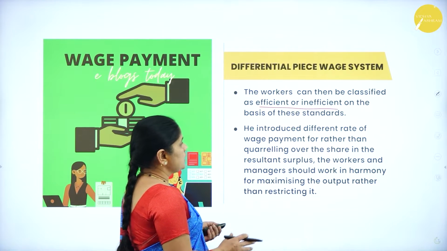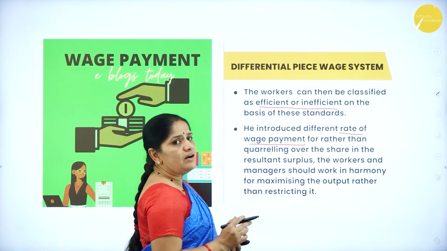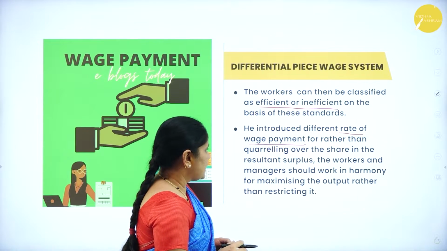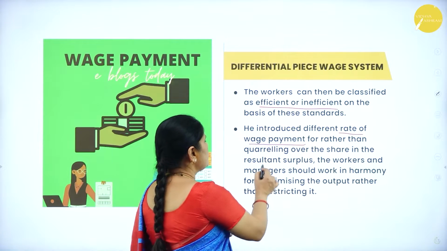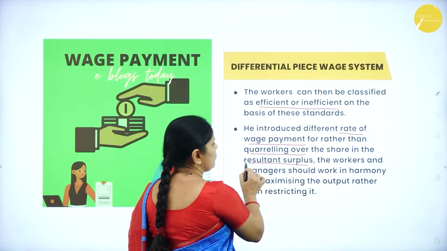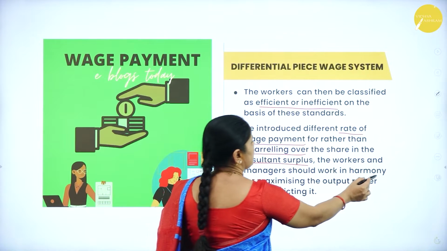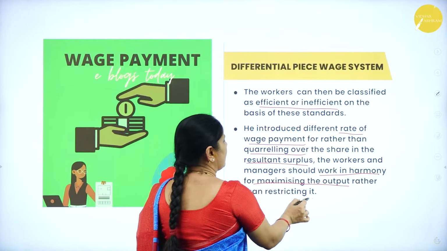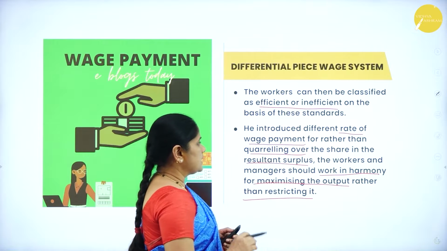Then he introduced a different rate of wage payment for each of the workers. He said that rather than quarreling over the share in the resultant surplus, managers and workers should work in harmony for maximizing the output rather than restricting it.